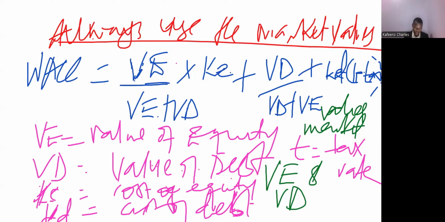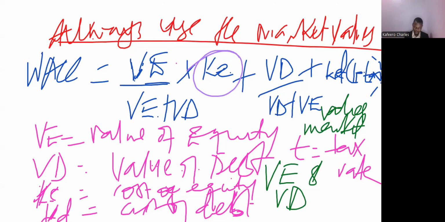However, in the formula for the WACC, the only trouble that you are going to find is getting this KE, the cost of equity. So you need to see in the question how the cost of equity is behaving. In other words, how are we going to be doing the cost of equity?